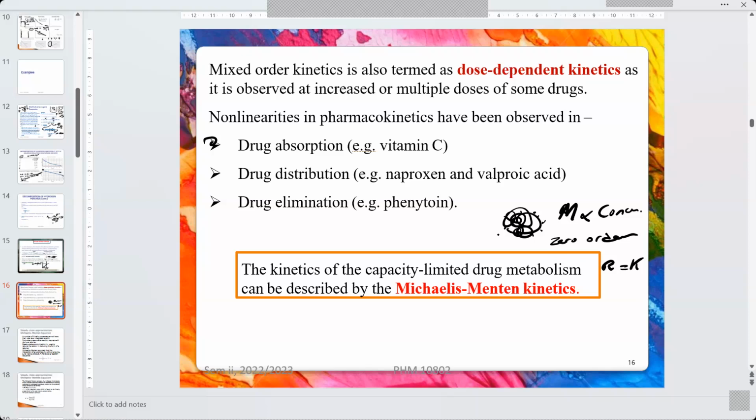There is an increase in reaction rate or metabolism rate with increasing concentration. Once you reach the maximum limit, the reaction rate is not increased anymore, but will be at that fixed maximum limit. This kind of kinetics is named after the scientists who described this mechanism, so we call it Michaelis-Menten kinetics.